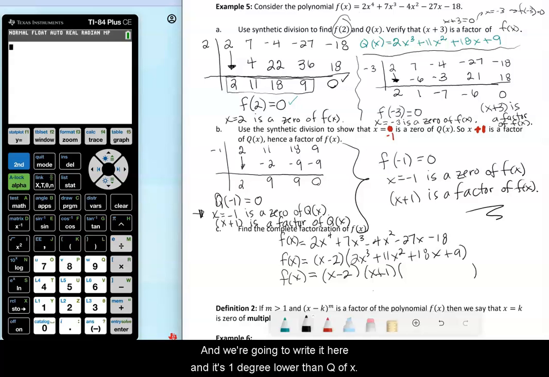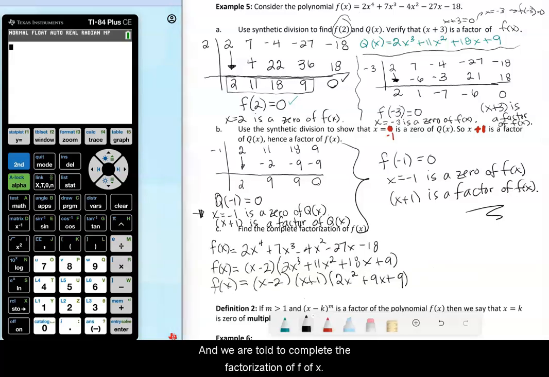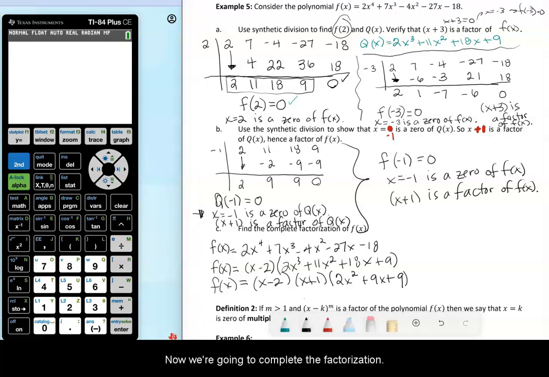And it's 1 degree lower than q of x. So we have 2x squared plus 9x plus 9. And we are told to complete the factorization of f of x. So now we need to factor 2x squared plus 9x plus 9.